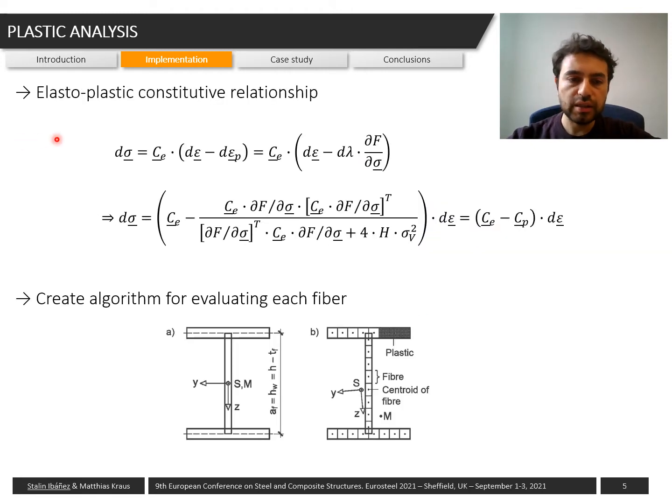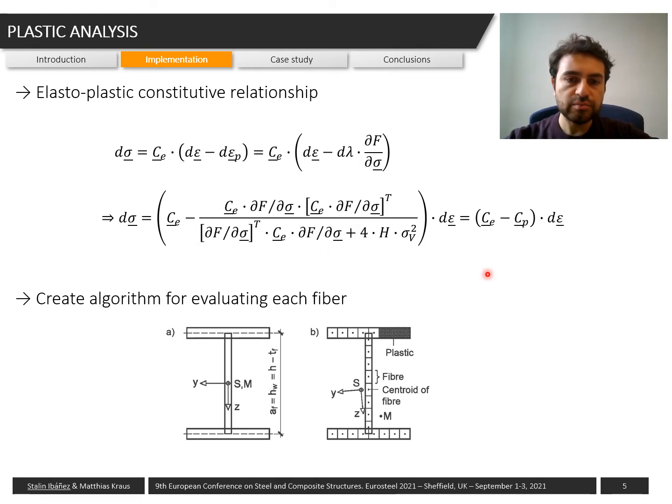By combining the three rules described before, we can reach the elastoplastic constitutive relationship, in which the strains are related with the stresses with the corresponding equation that we have here. Here we have the elastic constitutive relationship, which is reduced by this part of the equation that represents the plastic state.